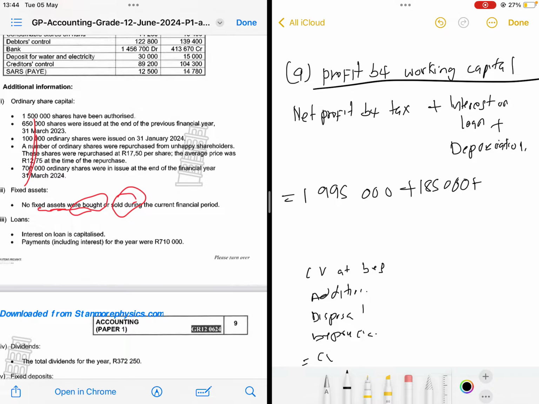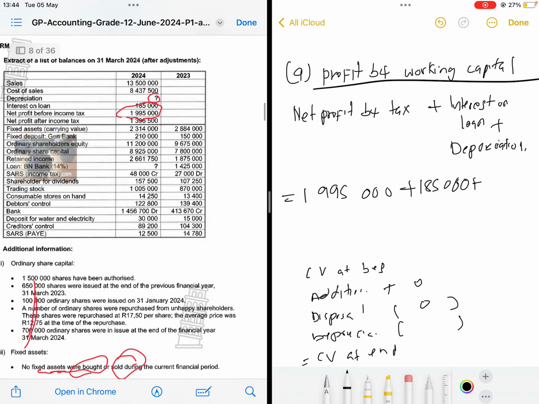Then it equals carrying value at the end. Now your movement, this is negative, this is positive, this is negative.